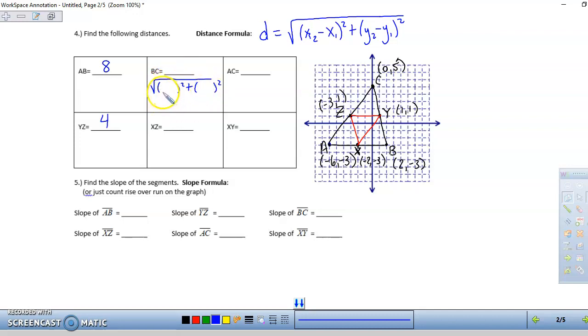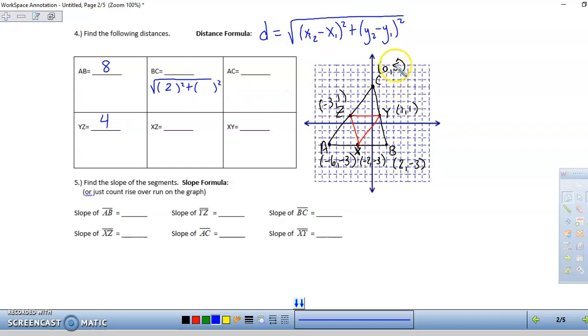So if I'm going from B to C, x2 minus x1 really just is asking how far apart are those x's? So my x's are 0 for C and 2 for B. So they are a distance of 2. So I'm going from 0 to 2. The y's, when it does y2 minus y1, it's really just asking how far apart are the y's.